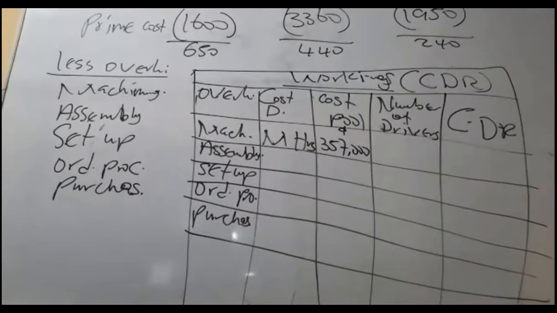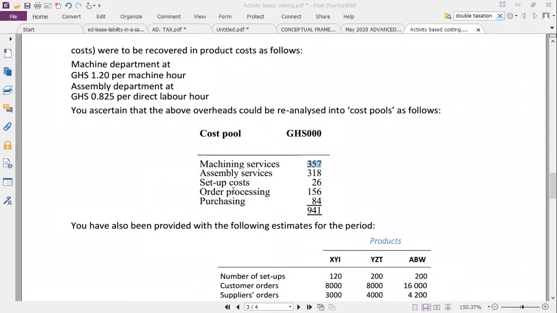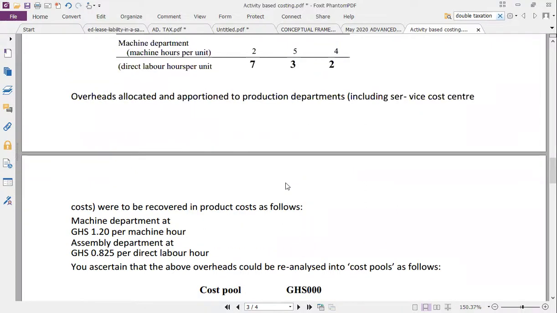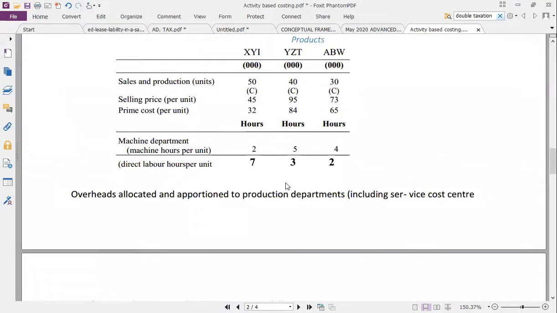What about the cost drivers? Let's go and get the cost drivers. We say the cost driver is the number of machine hours. So let's calculate the total machine hours. Will it be 11, just adding 2 plus 5 plus 4? No. They say per unit, so you have to factor in the units.